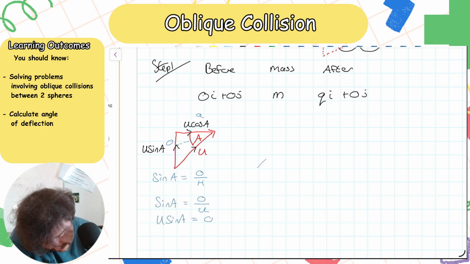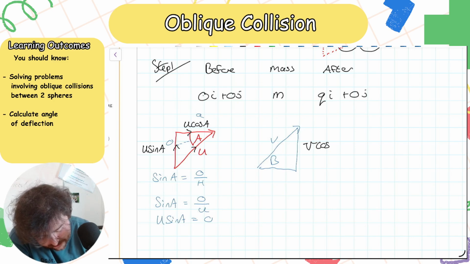Afterwards, it is moving at a speed v, at angle B to the y-axis. So my i component is v sine B, and here it's v cosine B.